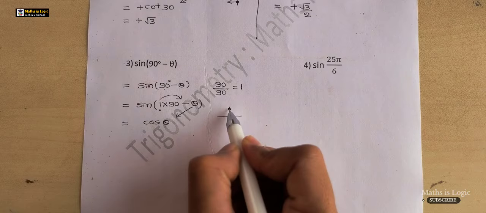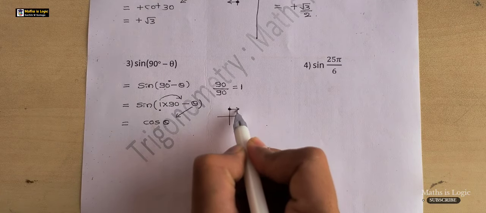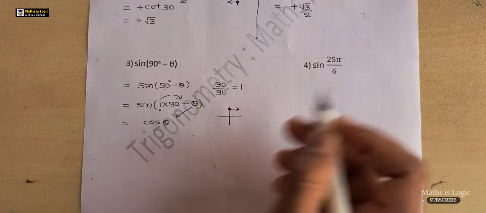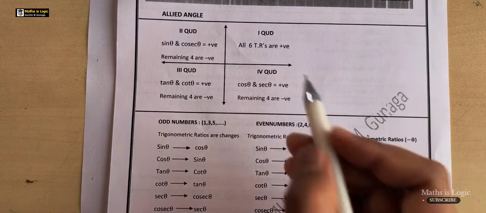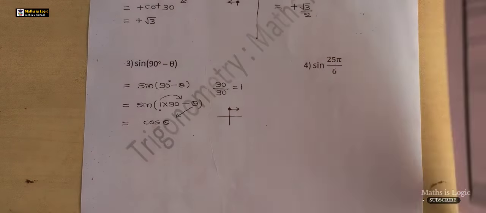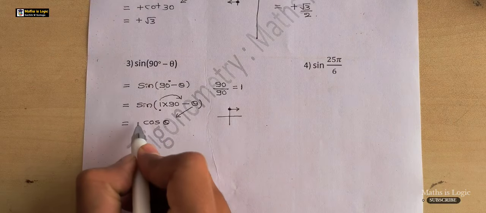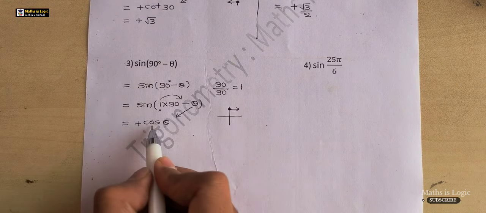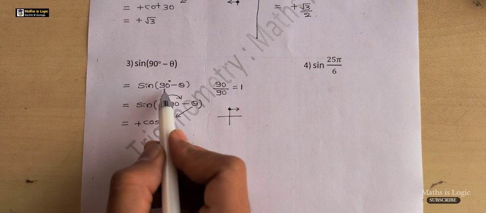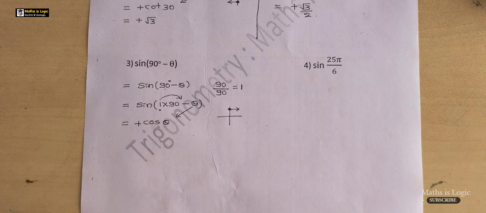Plus means next quadrant, minus means previous quadrant, that is the first quadrant. In the first quadrant all 6 trigonometric ratios are positive, so it is positive. So this is the final answer of sine 90 minus theta.